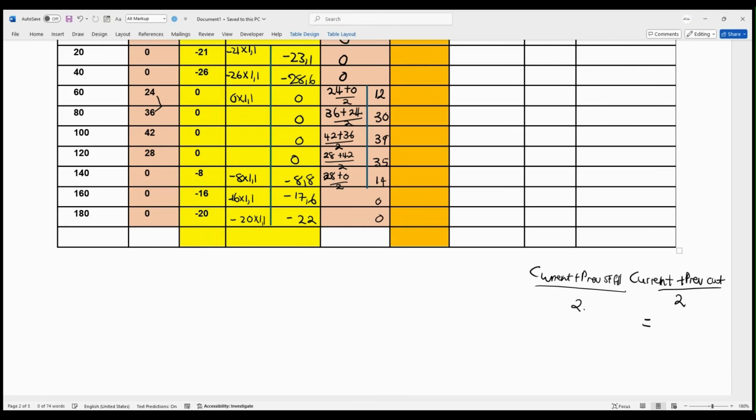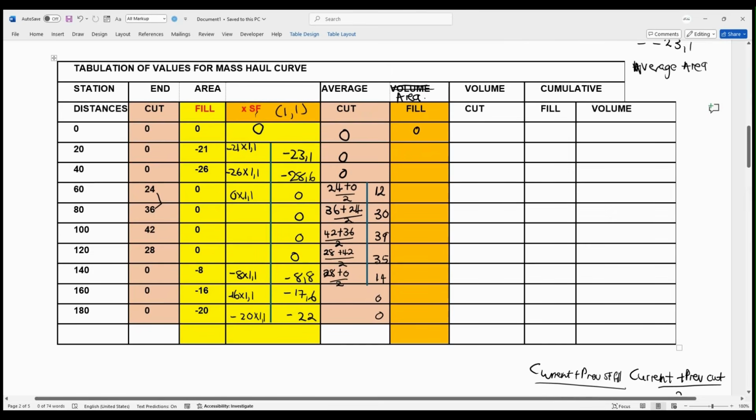SF fuel divided by 2, which is current, minus 23.1, plus previous, 0, divided by 2, which will get us negative 11.55.